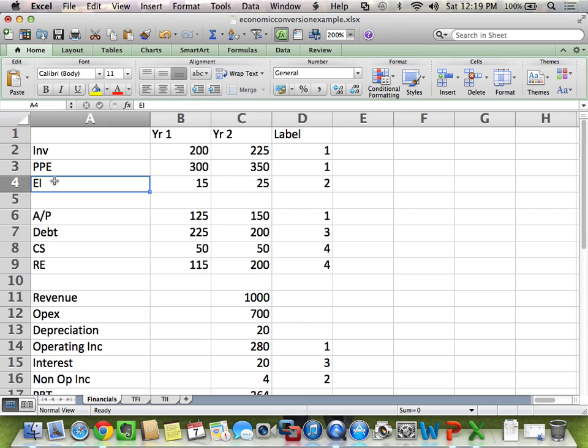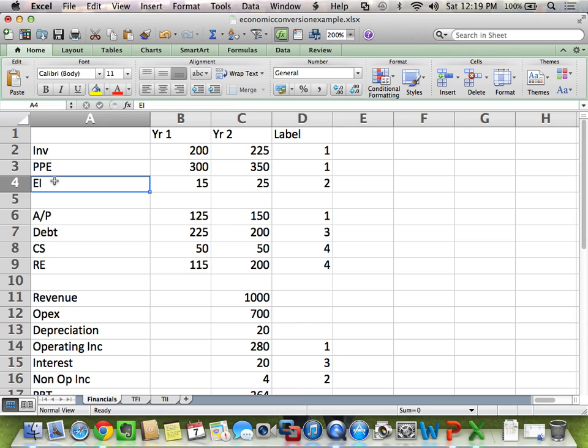And the equity investments were non-operating on the balance sheet, which means the income from the non-operating item should be non-operating on the income statement. That's the other thing, we have to have consistency between the statements. Net PP&E is operating on the balance sheet, so depreciation has to be operating on the income statement. Debt is a debt cash flow on the balance sheet, so interest expense has to be a debt cash flow on the income statement.